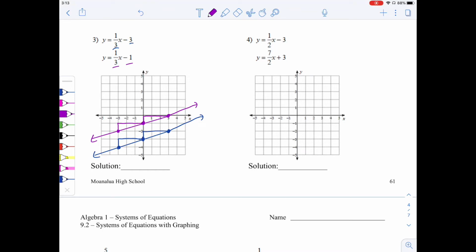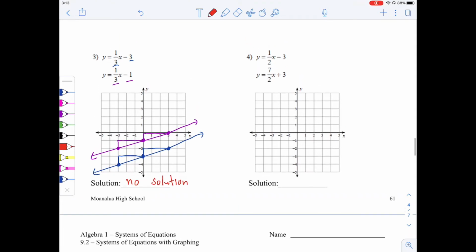This will be no solution because they do not intersect. If you notice the slopes, this slope is 1/3, this slope is 1/3. They're both increasing at the same rate, so they'll never intersect. So if same slope and same intercept, it's infinite solutions, just by looking at it.